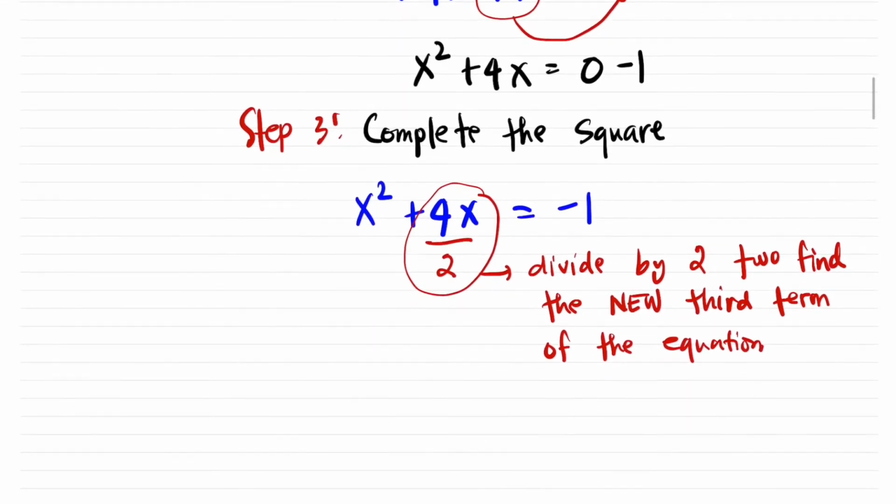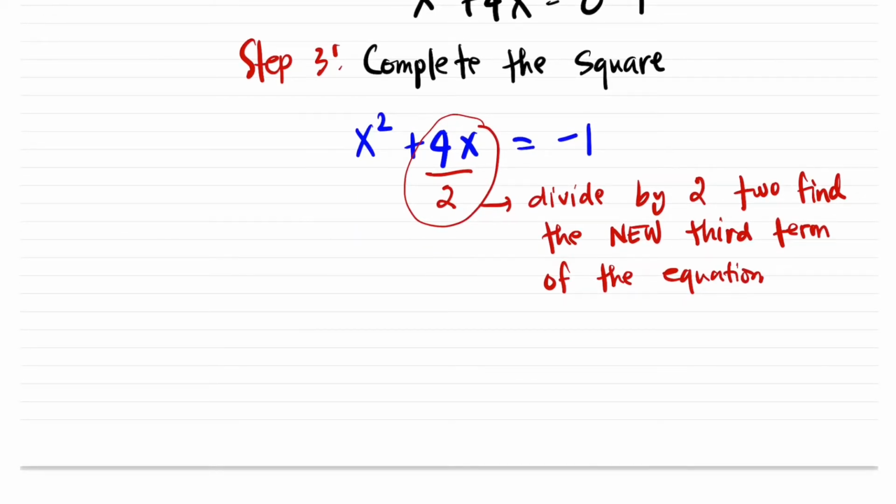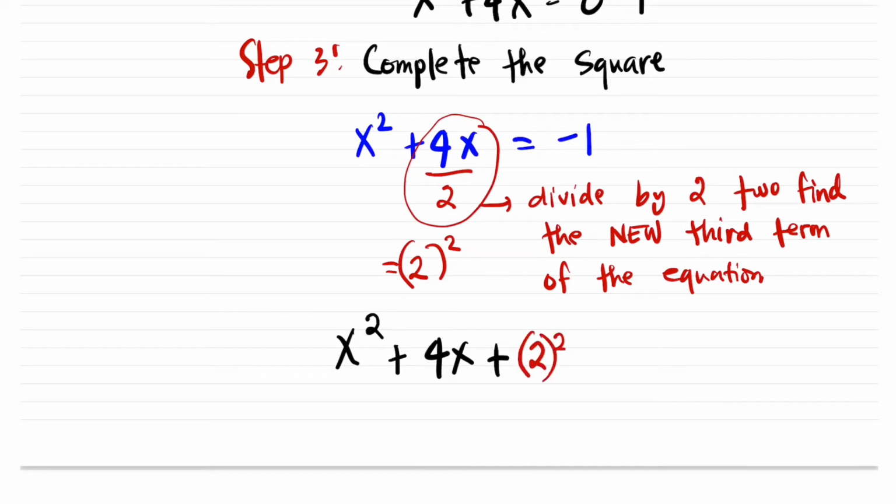Alright, so we divide that by 2. So if you're going to rewrite the equation, it becomes x squared plus 4x plus what, 4 divided by 2, which is equal to 2, and raise it to the power of 2. So therefore we have 2 to the power of 2, is equal to negative 1 plus 2 to the power of 2.